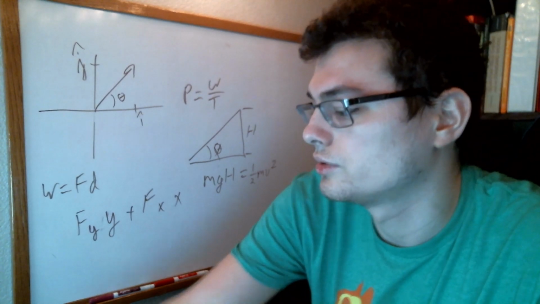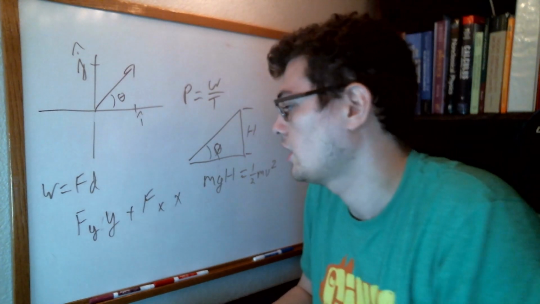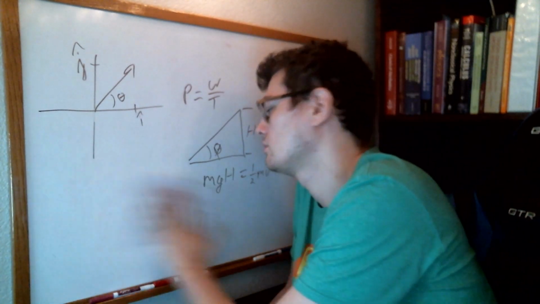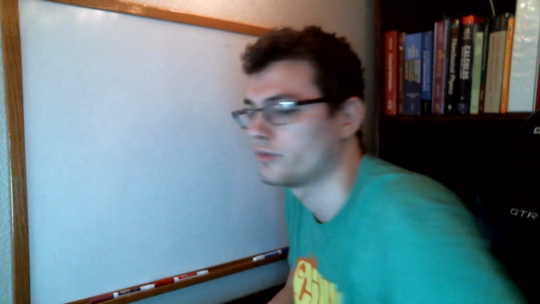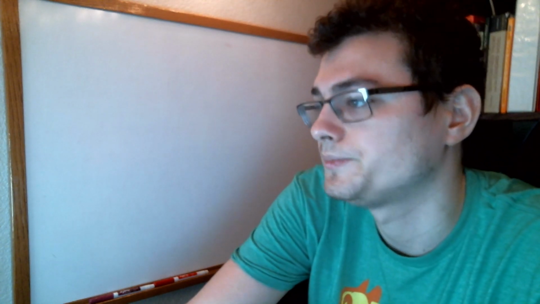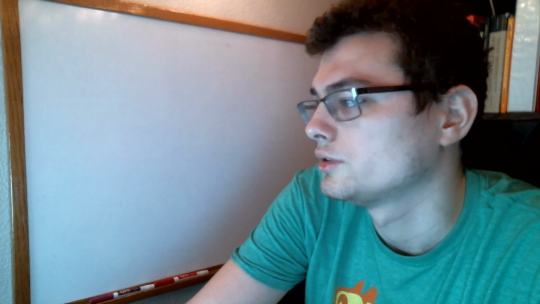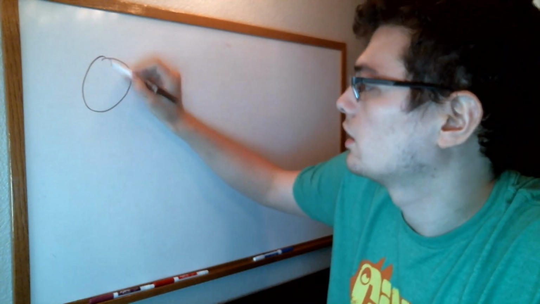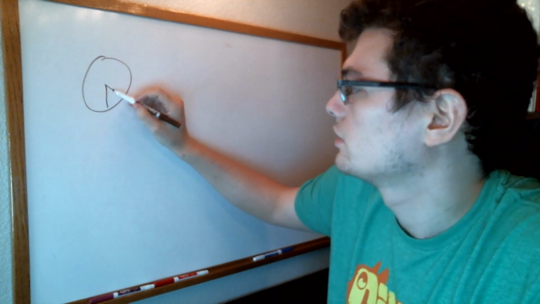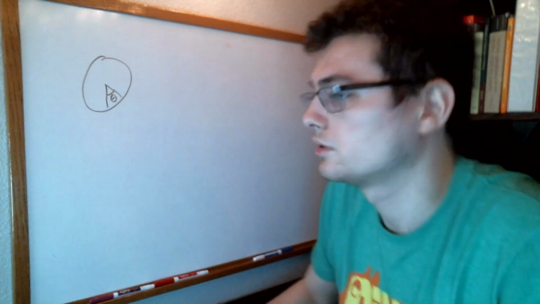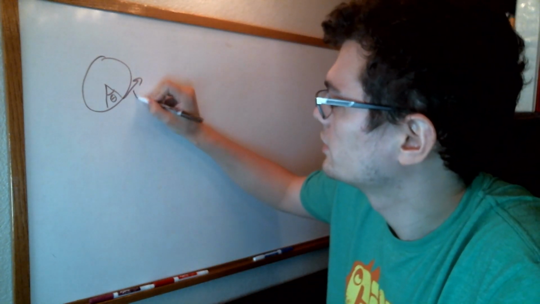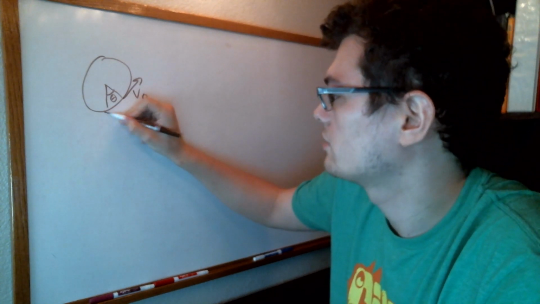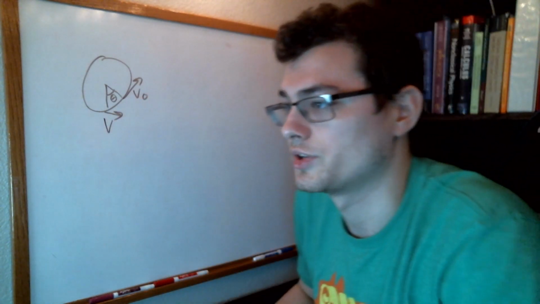So if we were to revisit some energy problems here, say we have a ball in uniform circular motion at some angle theta, and this has some initial velocity v naught, and at the bottom we have some velocity v.